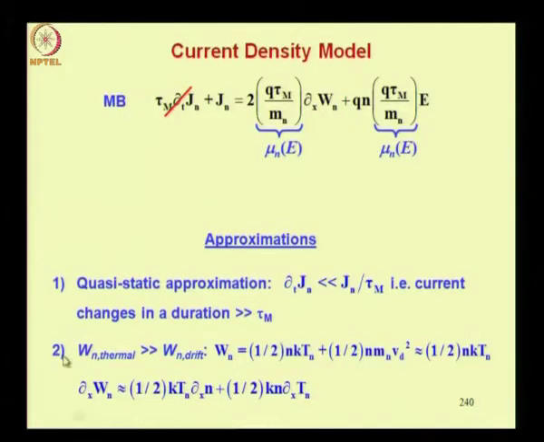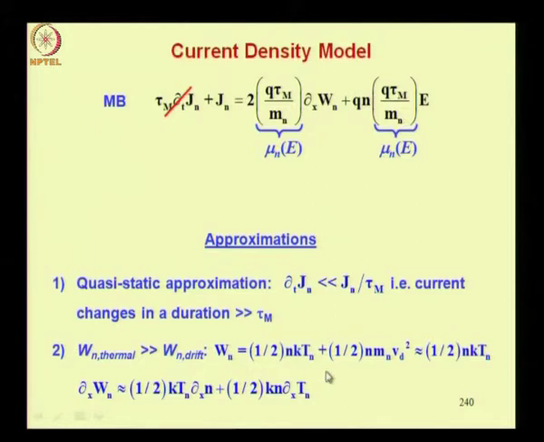The next approximation we make is that thermal energy is much greater than the drift energy. This approximation is related to Wn. We have to find this spatial derivative of Wn, so we are doing the approximation for that purpose.